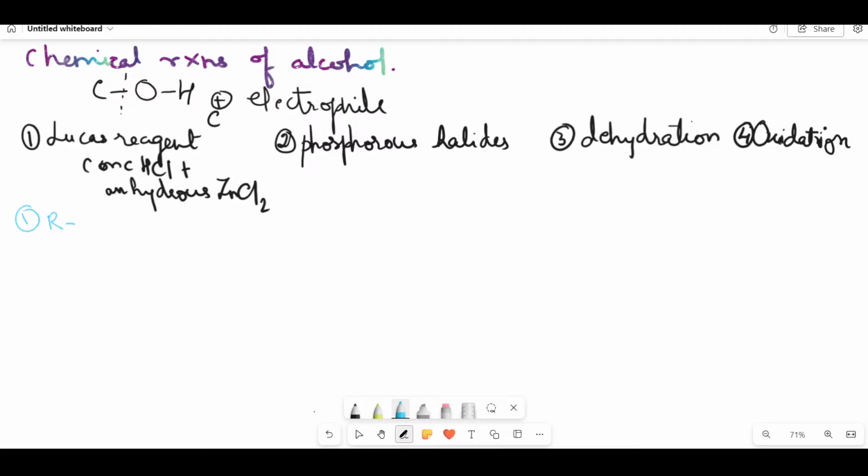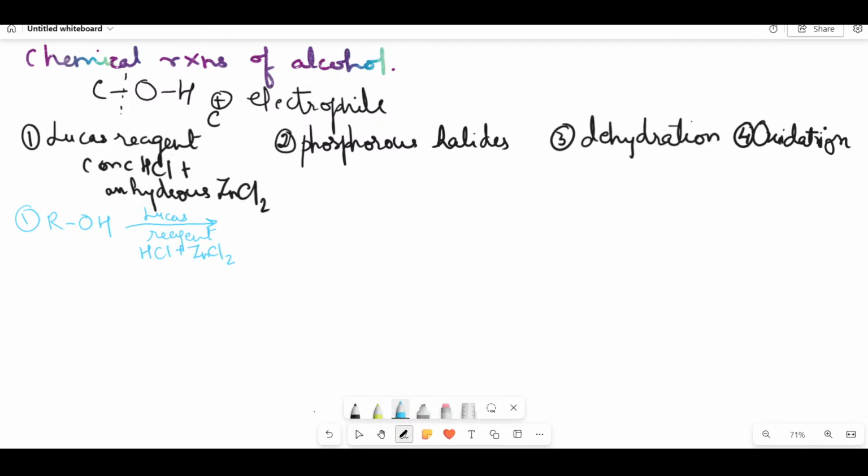Now this is ROH. We have to do the fission over here. Lucas reagent will help us in doing this. Put down the Lucas reagent, HCl plus ZnCl2. So let us do the reaction.